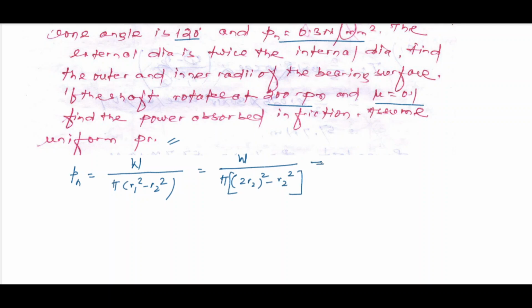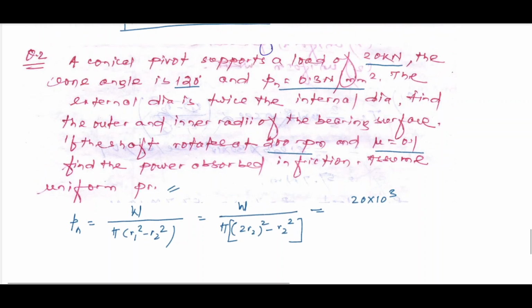So now you substitute the value. W is given 20 into 10 to the power 3, because here 20 kilonewton is the load.